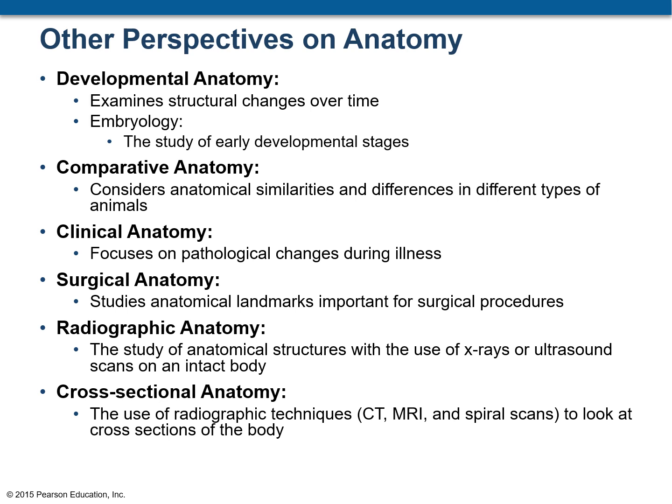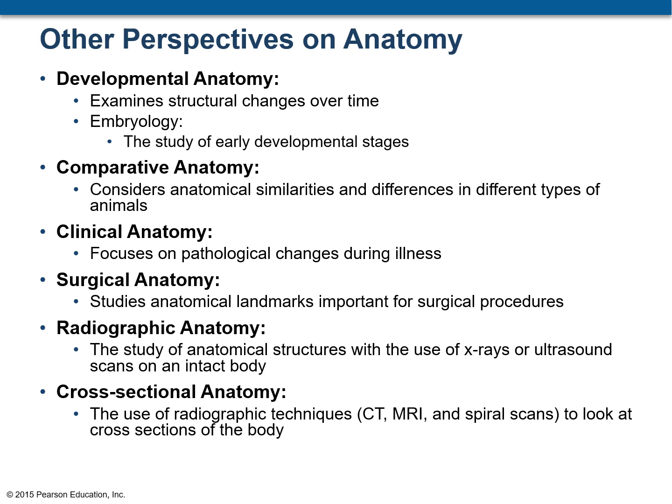Comparative anatomy means the anatomy where we are comparing the structures of different types of living organisms. There could be similarities, there could be differences in their structures. Clinical anatomy and surgical anatomy focus on the pathological changes or the structures that you see during surgical procedures.